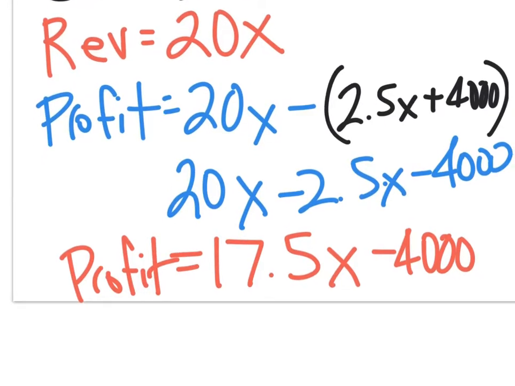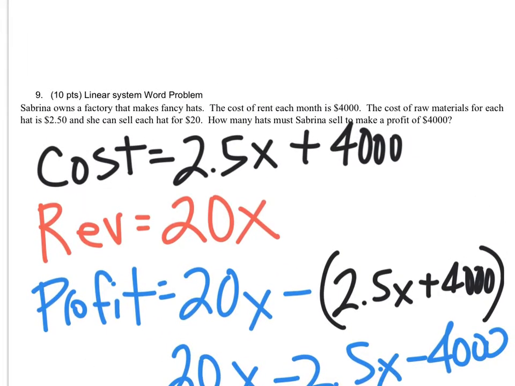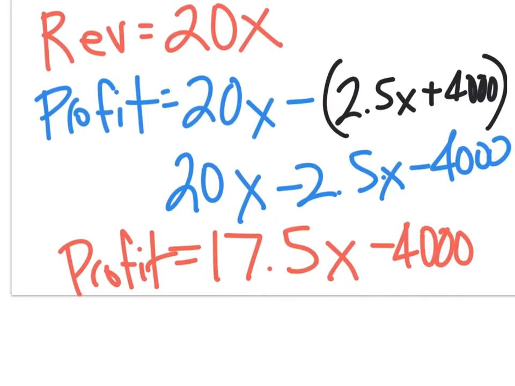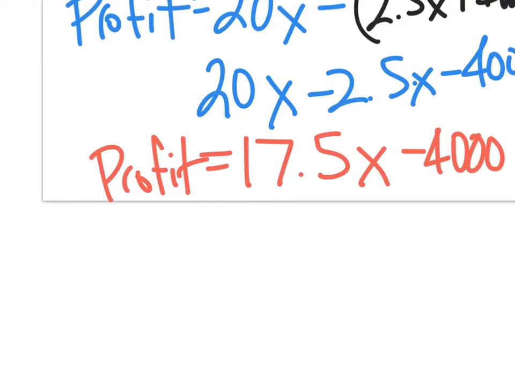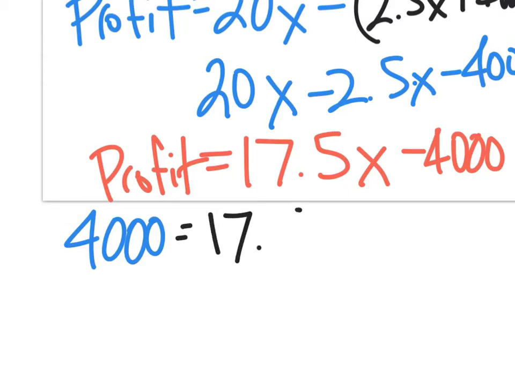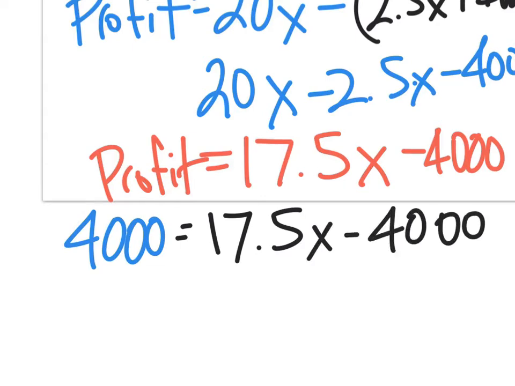All right. So the question is, again, how many hats does she have to sell to make $4,000? So we're going to replace profit with $4,000. When $4,000 is the amount of profit, we can make that equal to 17.5x minus 4,000. And now we need to simply solve for x.